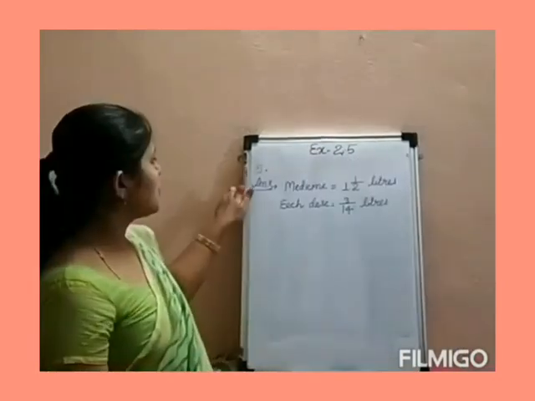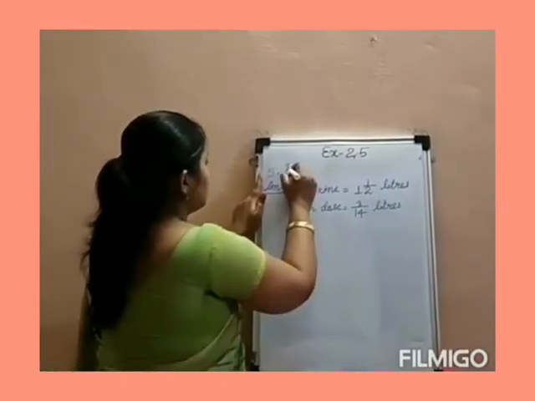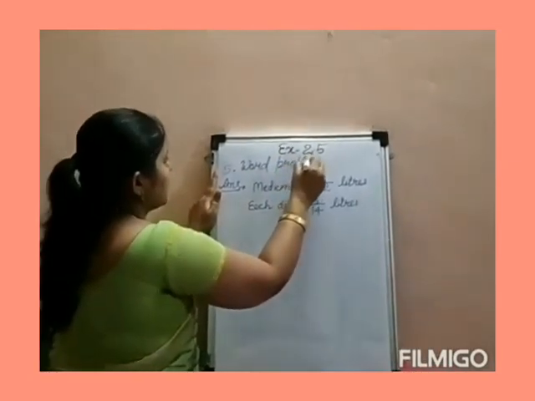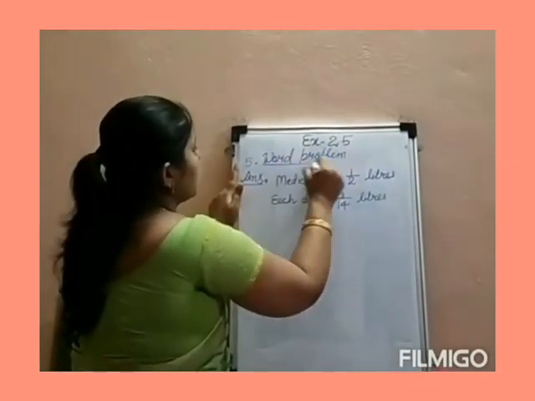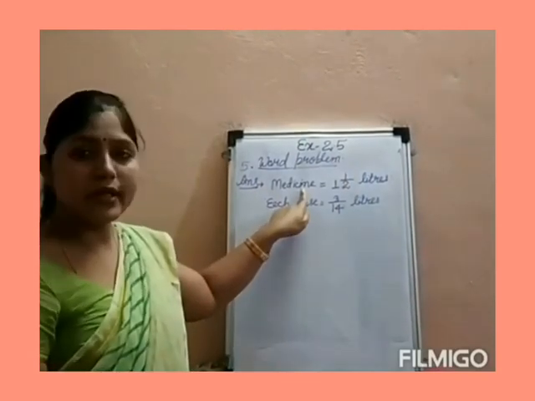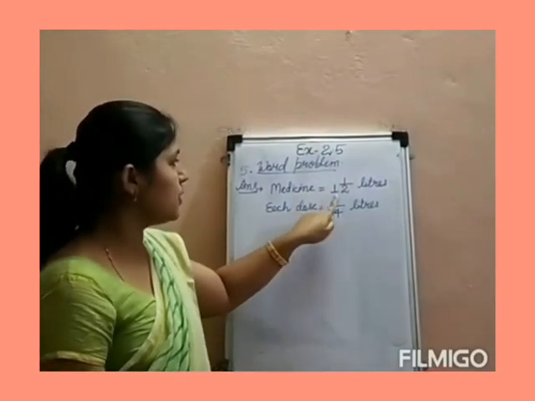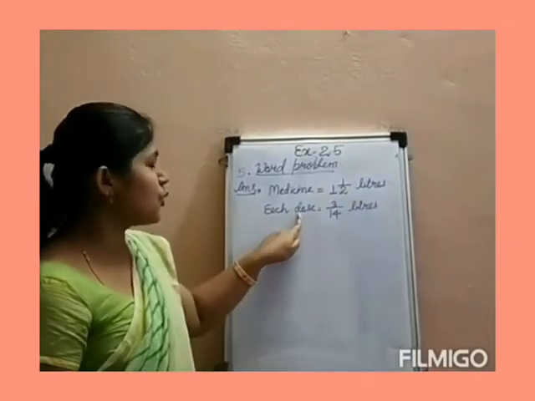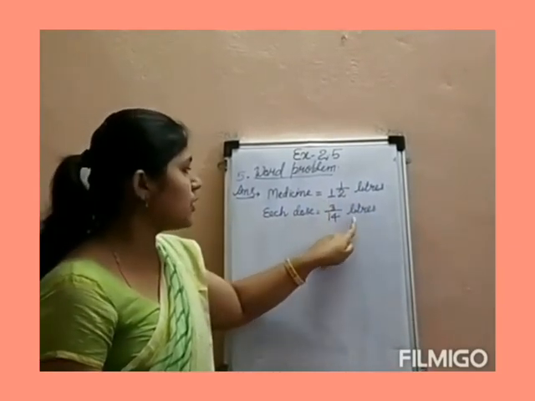Let's do question number 5, word problems. The question is, a bottle contains medicine. The quantity of medicine is 1 and 1 upon 2 liters, and each dose equals to 3 upon 14 liter.